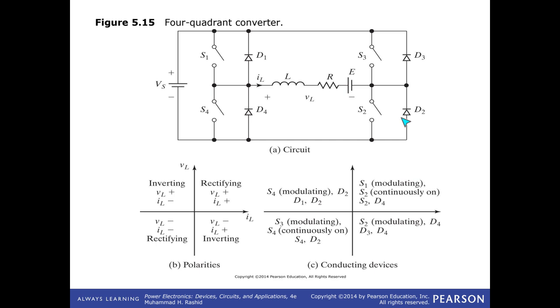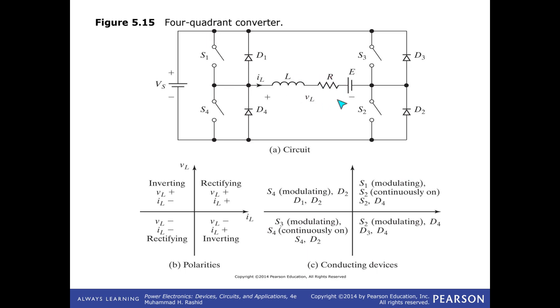Sorry, S1 is off and current is going to flow, S2 is on, through S2 to D4. On, off. On is rising, off is reducing, but it's continuous.